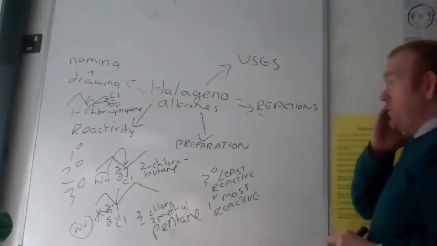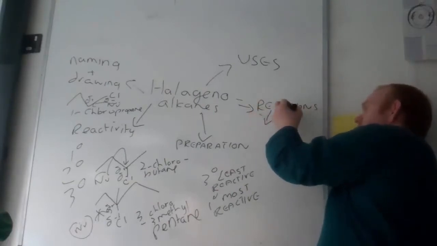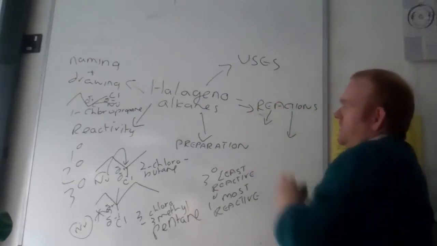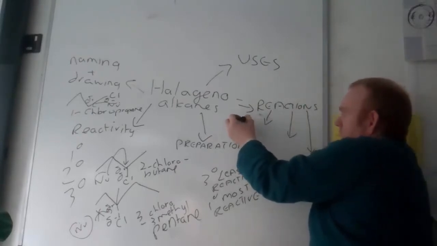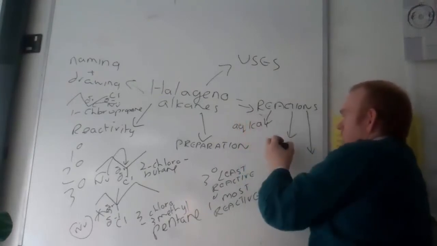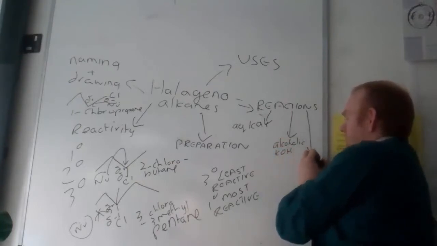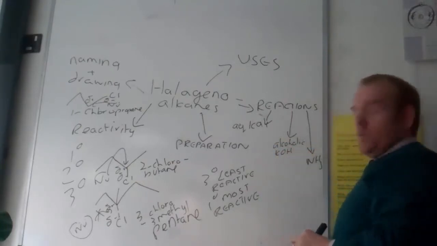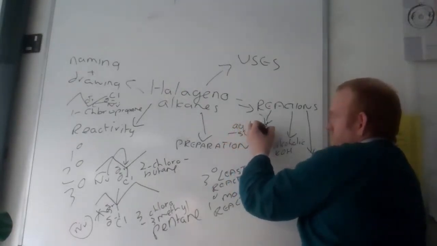Okay, in terms of the reactions, I can simplify this down to look at different types of reaction. I can look at the reactions with aqueous potassium hydroxide, with alcoholic potassium hydroxide, and with ammonia. Okay, with aqueous potassium hydroxide, I get substitution reactions.